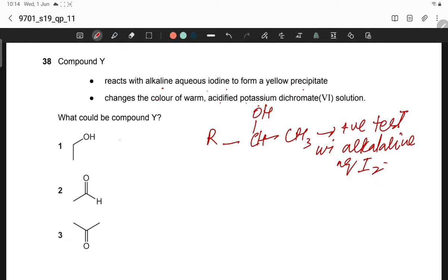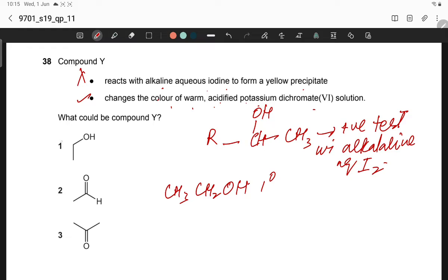So the first option is incorrect because this is CH3CH2OH. This is a primary alcohol and this will not give the positive test with alkaline aqueous iodine. It only changes the color of warm acidified potassium dichromate. One test is correct, but this is incorrect.